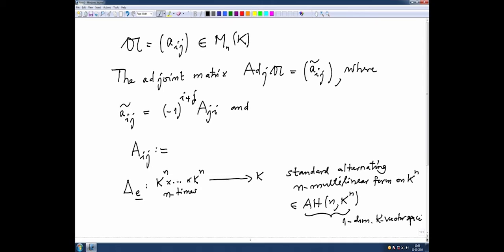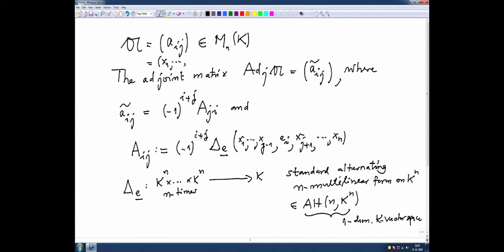And this capital Aij is (-1) power i plus j times delta E evaluated on x1 to x_{j-1}, ei, x_{j+1} to xn, where these x1 to xn are the columns of A. So they are the column vectors of A. Remember, this is very easy.